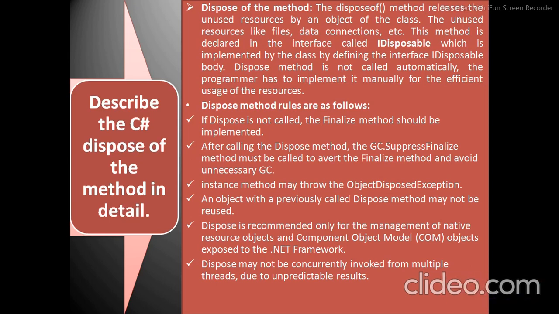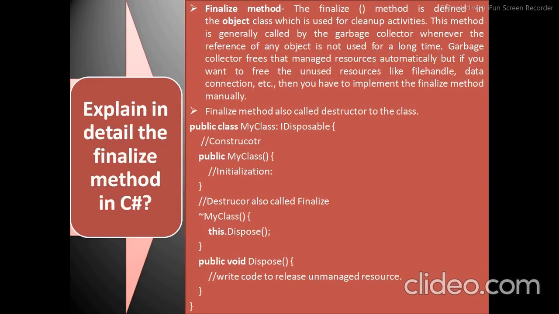If Dispose is not called, the Finalize method should be implemented. After calling the Dispose method, GC.SuppressFinalize must be called to avoid the Finalize method and avoid unnecessary garbage collection. Instance methods may throw ObjectDisposedException. An object with a previously called Dispose method may not be reused. So these are some rules for the Dispose method.